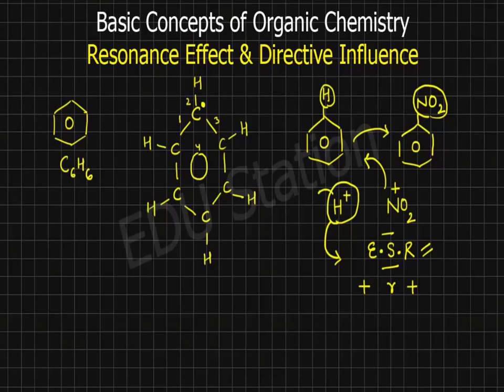Since this is a positive species, it can be replaced by a positive species. So, I hope this is clear. First is the structure of benzene, and secondly, the most common reactions of benzene are electrophilic substitution reactions, in which the H plus of benzene is replaced by the other electrophile.